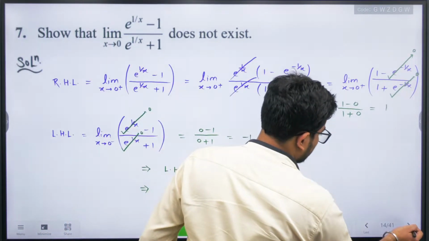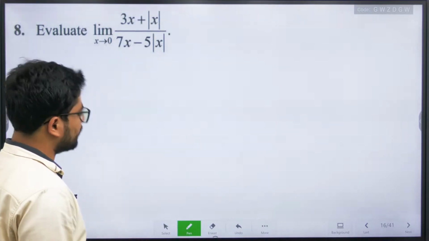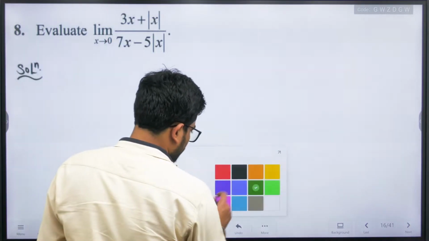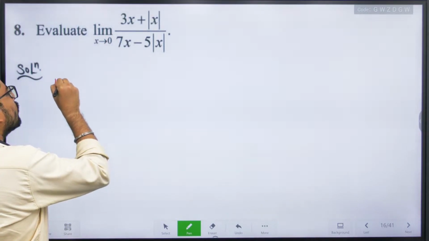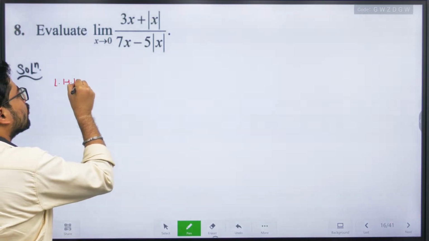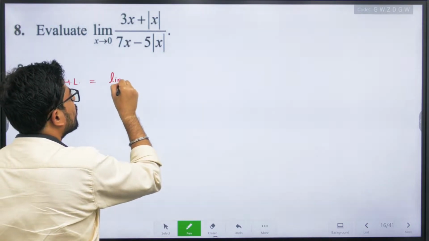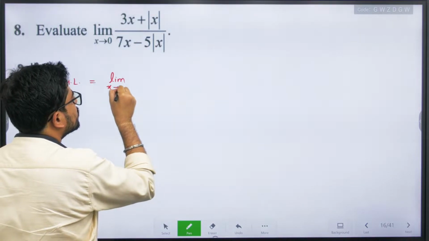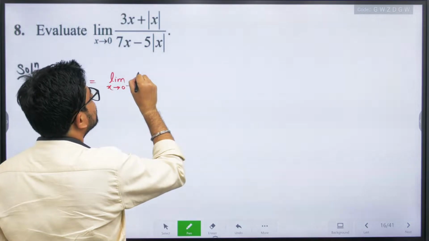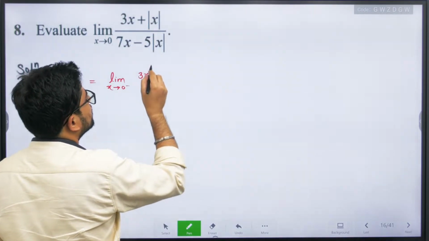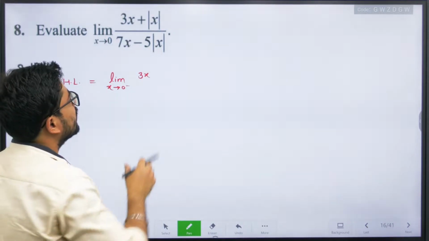Now let's do the next one. Next is here, evaluate the limit. Okay, so calculate your left hand limit first of all. So the left hand limit is the limit as x tends to 0 minus of (3x plus mod x) divided by (7x minus 5 mod x).